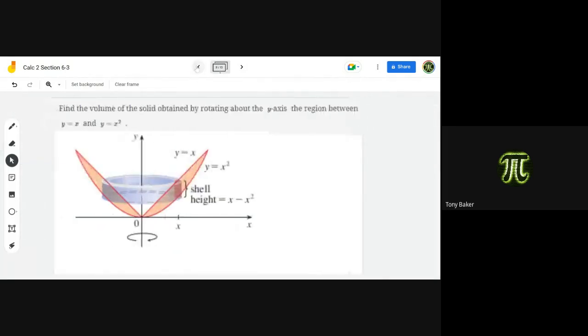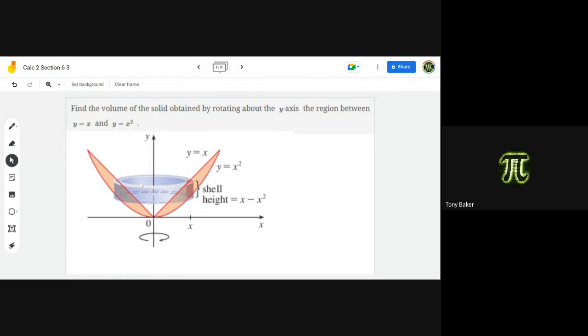All right, let's go back and do a few more problems. So we've got this one, rotating about the y-axis. We have y equals x and y equals x squared, and we're rotating around the y-axis.